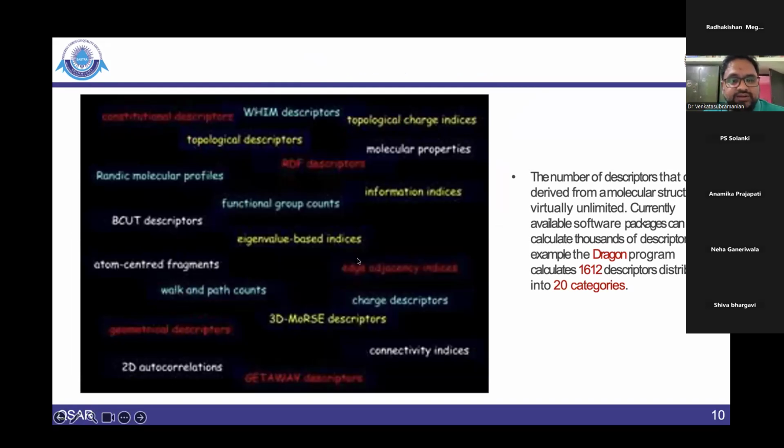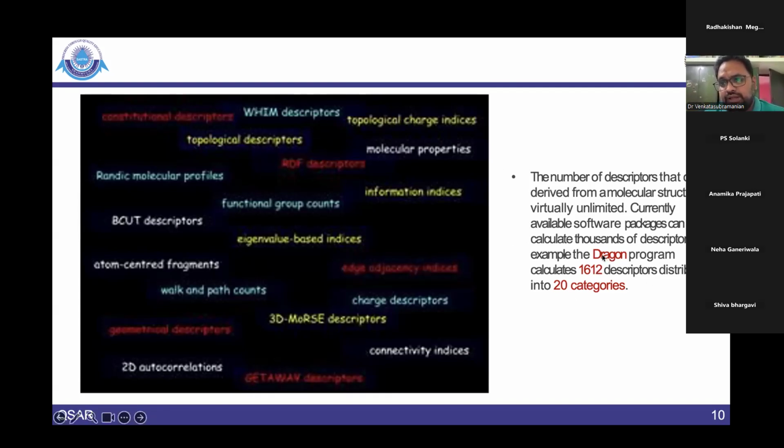We just need the information to be converted into a number, but the only problem is that the information should have some type of correlation to the property that we are going to look at. So basically, virtually unlimited means that any information that correlates with or describes the structure can be used as a molecular descriptor.